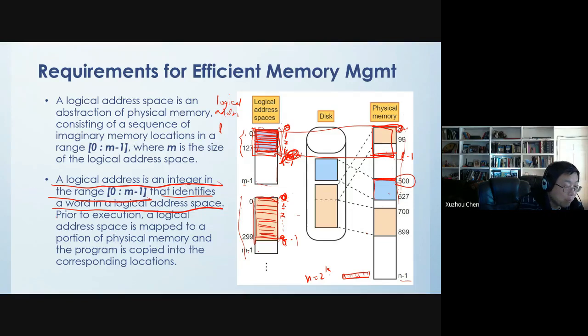Before you execute the program, a logical address space is mapped to a portion of the physical memory, and the program is copied into the corresponding location. So before you run the program, you have to load it into the physical memory space.